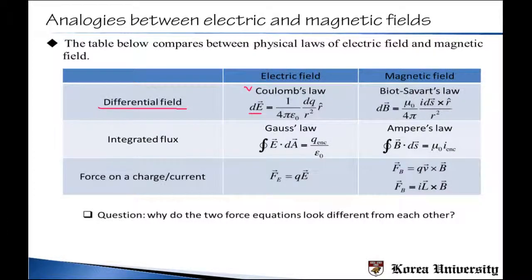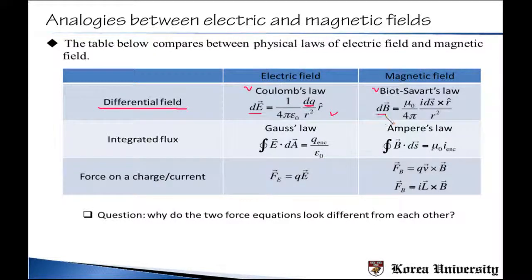The small portion of the electric field vector coming from a small portion of the electric charge is given in this way. If you integrate this properly around the charge distribution, you will get the full value of the electric field.